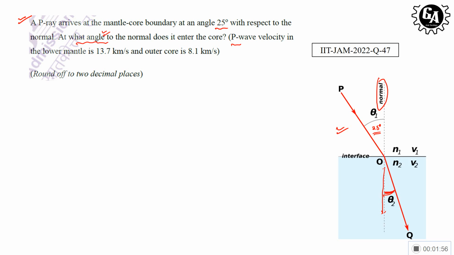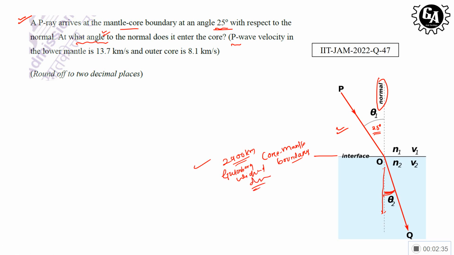So the P wave arrives at the mantle core boundary at an angle of 25 degrees with respect to the normal. At what angle to the normal does it enter the core? Given that the P wave velocity in the lower mantle is 13.7 and in the outer core, if this is the core mantle boundary, that is basically 2900 kilometer, that is your Gutenberg discontinuity.